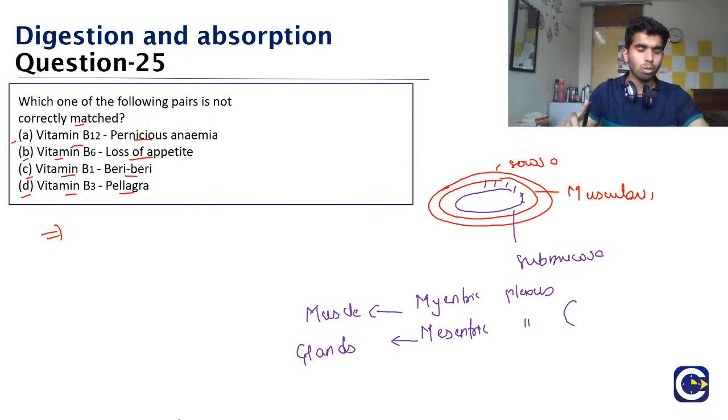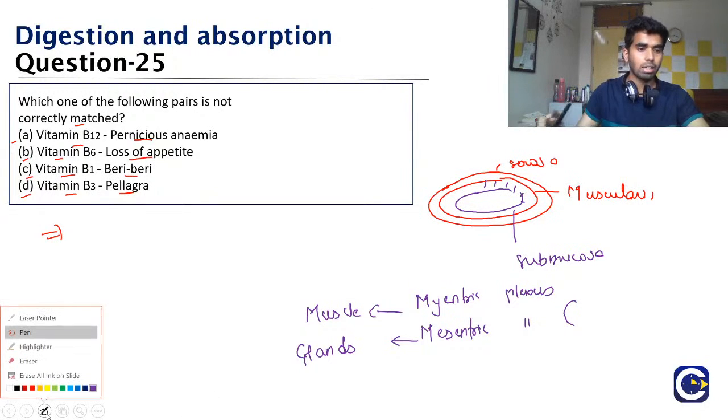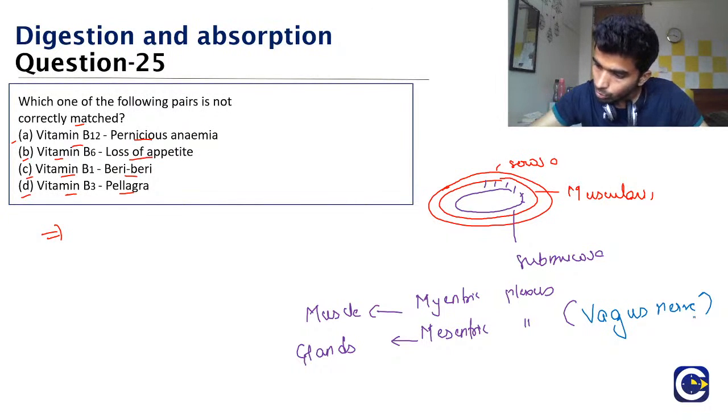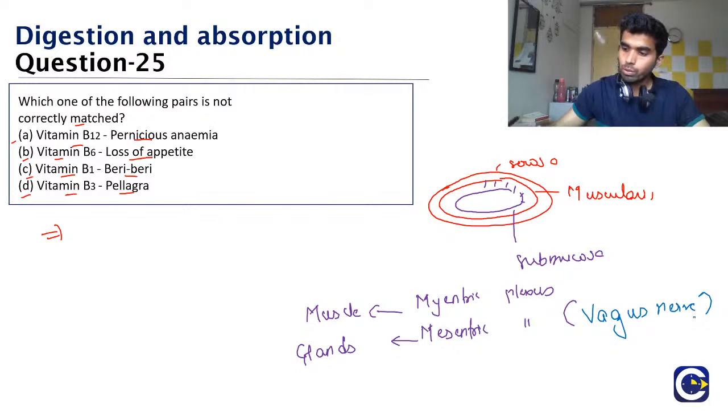You can remember that all the glands in the alimentary canal are provided by the vagus nerve. So the most correct answer would be the vagus nerve. If there is another option, then I can help you out. Okay, Jasim. Now coming back to our question number 25.